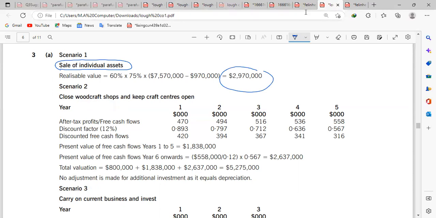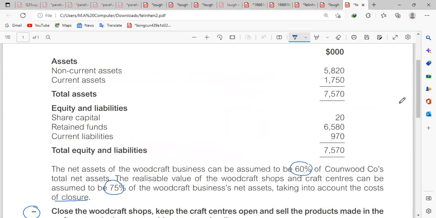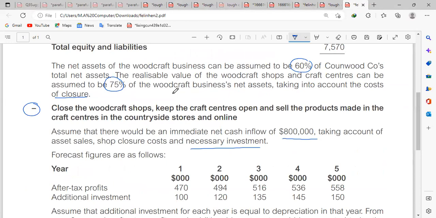Now in the second part, the examiner was saying that only the woodcraft shops will be closed and the craft centers kept open, selling the products made in the craft centers in the countrysides and online.